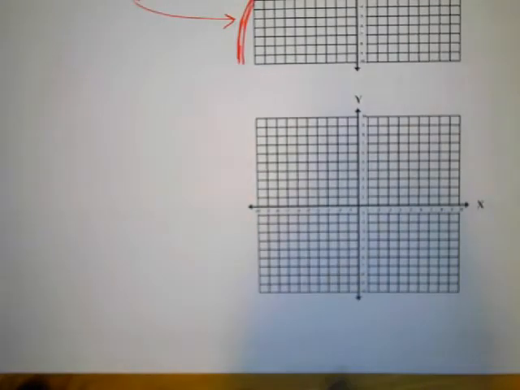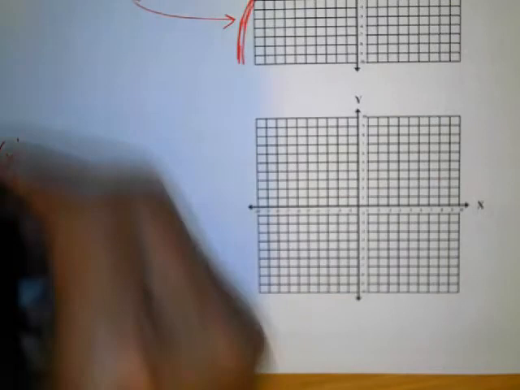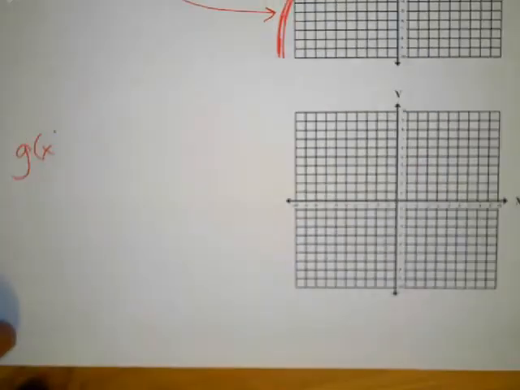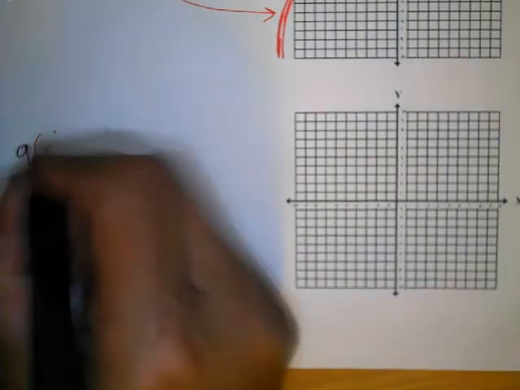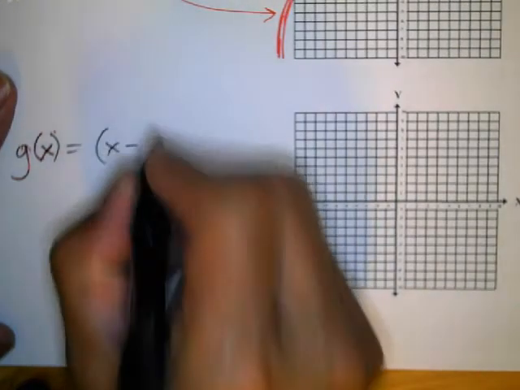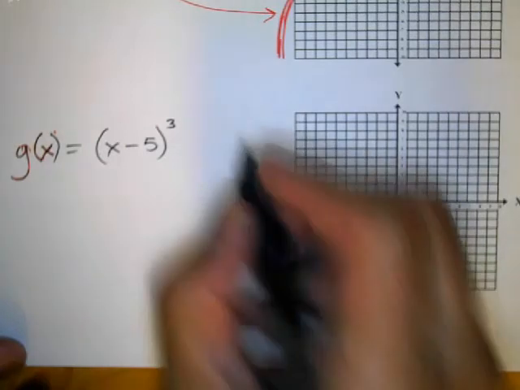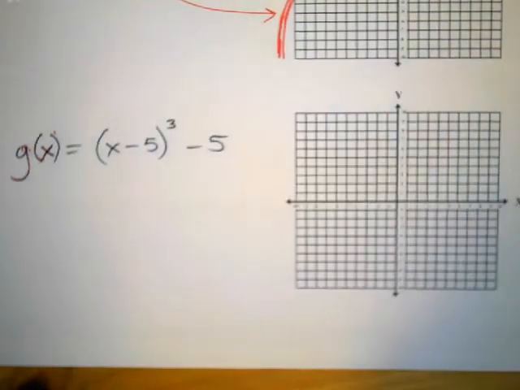Okay, last one. And I'll just do one of these because it's similar to like the other stuff. Right, so let's go with g of x. Oh, just do it in black. That doesn't matter, right? G of x is equal to x minus 5 cubed.